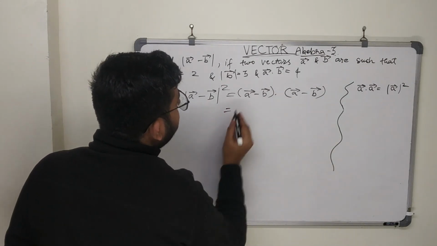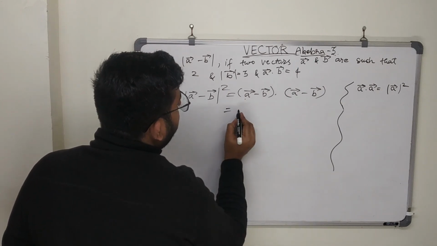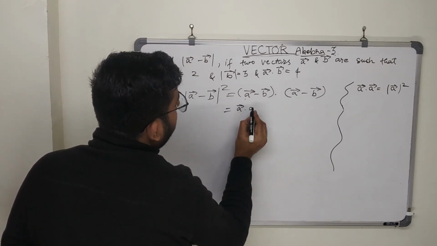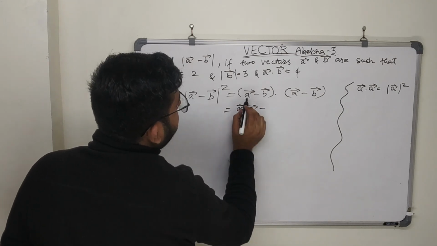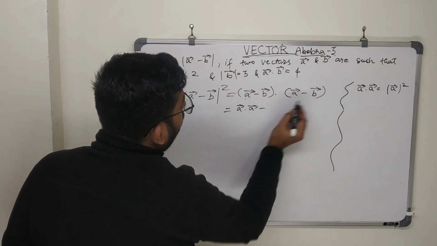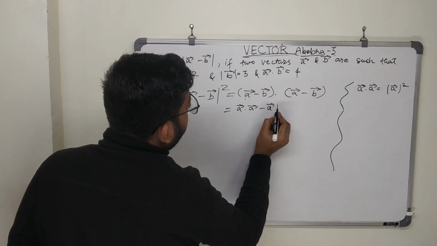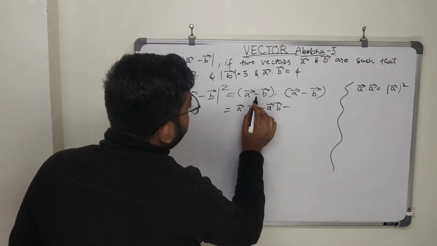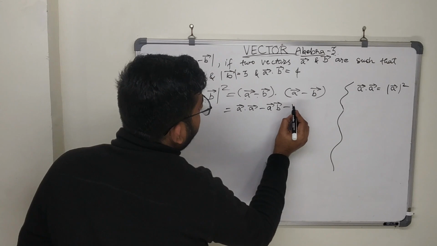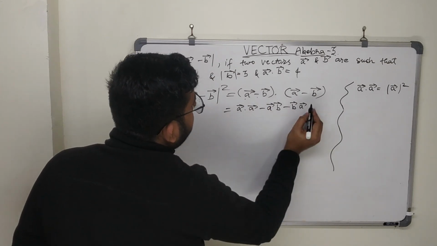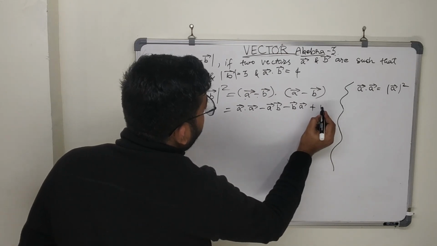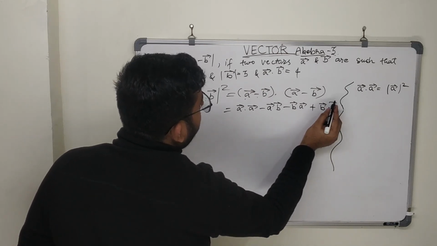Now expanding this, that is a vector dot a vector, minus a vector dot b vector, minus b vector dot a vector, minus minus plus, that is plus b vector dot b vector.